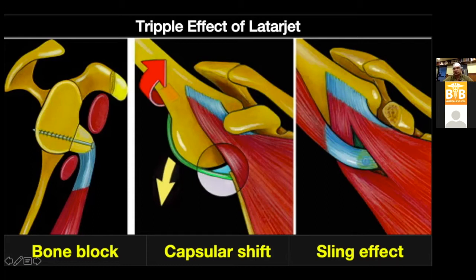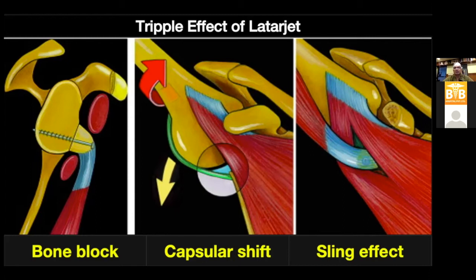The third is the conjoint tendon, which acts as a sling for prevention of dislocation. That is why the outcome of the Latarjet procedure is said to be better compared to the other one.